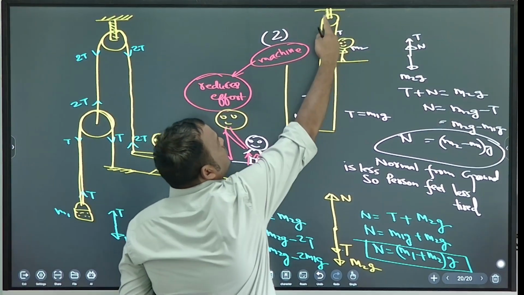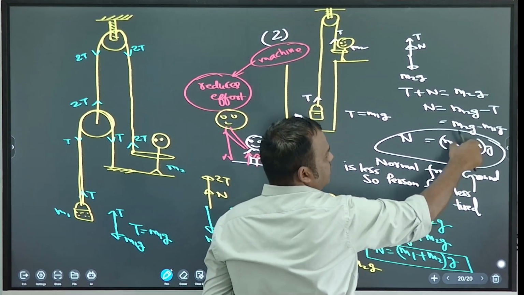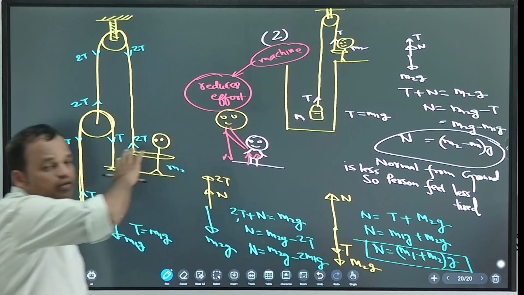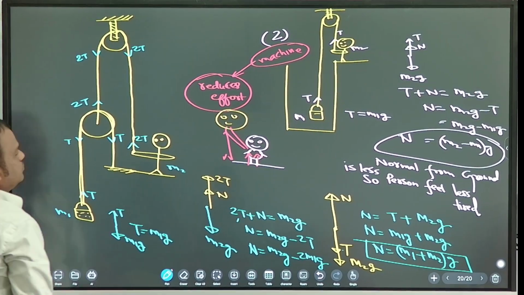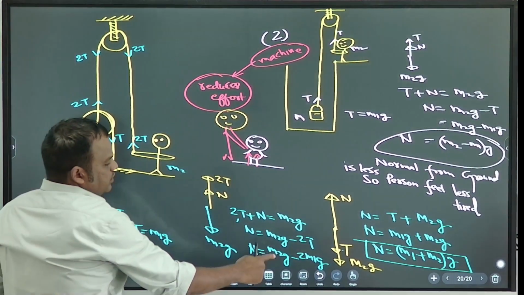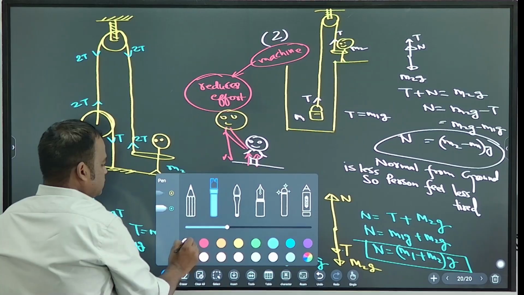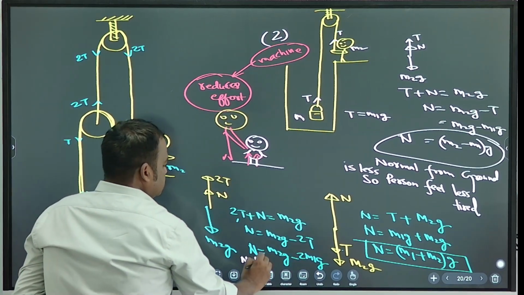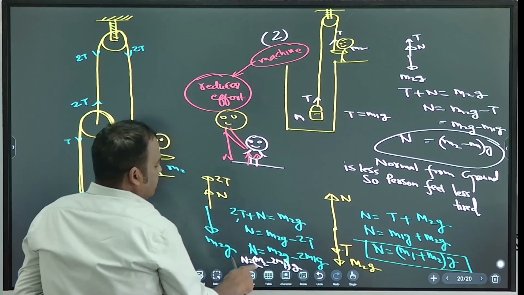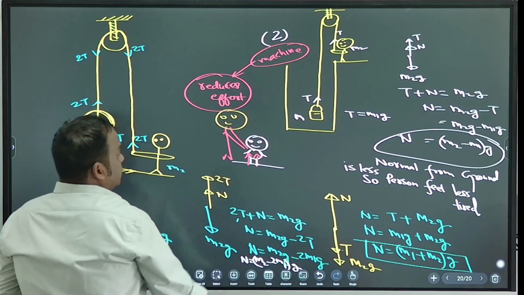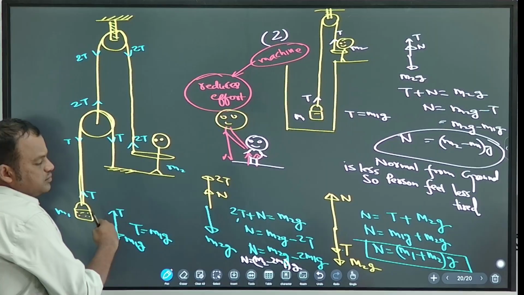In this case, you are using one pulley. So what is the normal? M2 minus M1 into G. Now you are using two pulleys. So what is the normal? M2 minus 2M1 into G. So normal is further decreased.